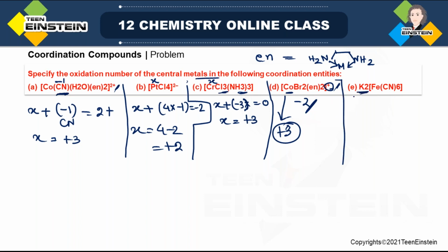And here we have 2 potassium ions. Actually only in the last one, here we have some counter ion. Because in other examples, if we see, directly the charge outside the coordination sphere is mentioned. But in the last example, no charge is mentioned, but there are 2 potassium present.